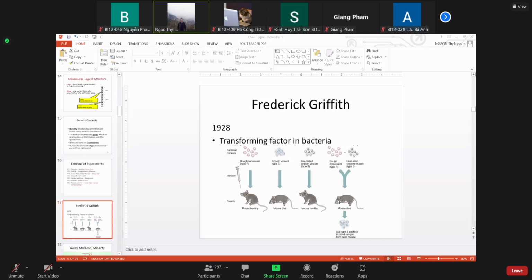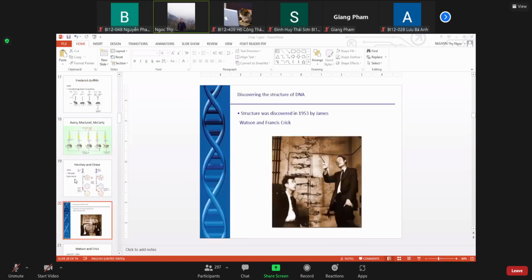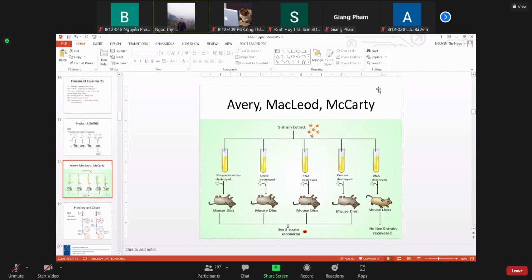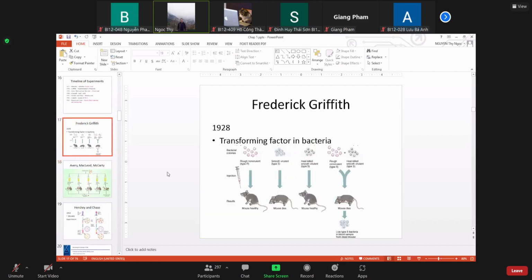So continuing after the experiment of Frederick Griffith, in 1944, Avery, MacLeod and McCarty performed the same experiment with a slight modification. In this experiment, they used the type S, the same strain that is virulent in mouse.